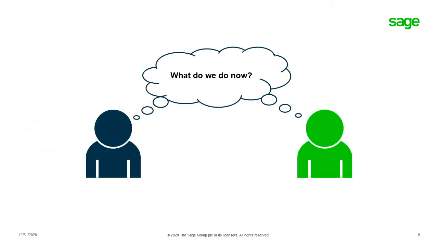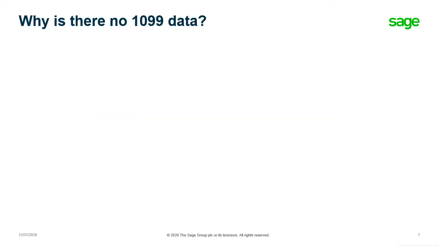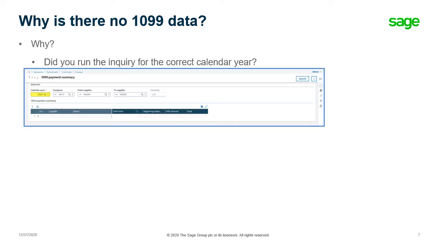What do we do now? So why is there no data? Well, did you run the inquiry for the correct calendar year? We can check here, and yes, we ran it for 2020.